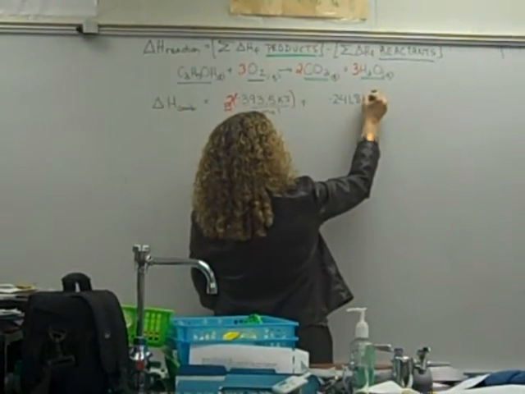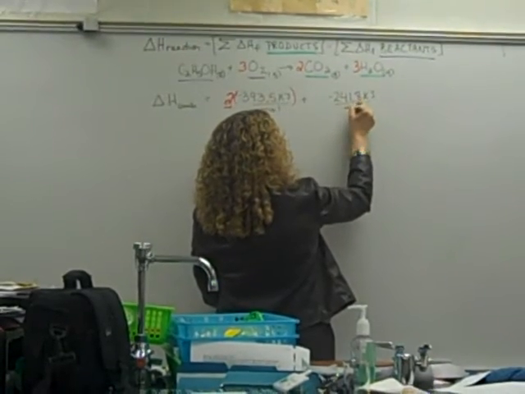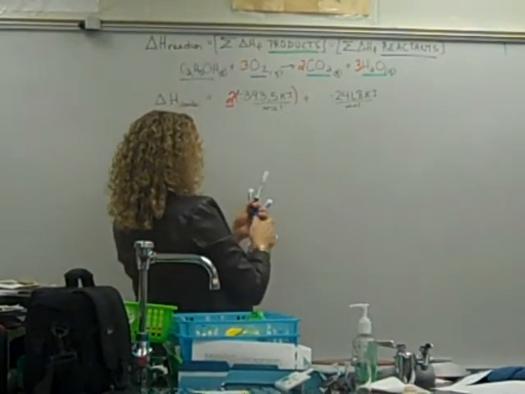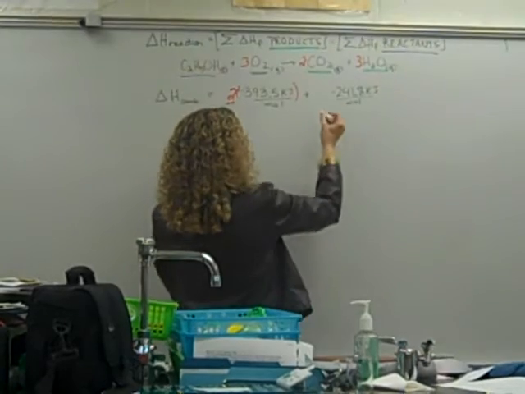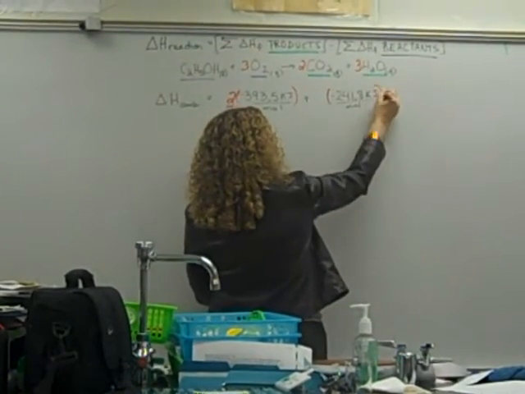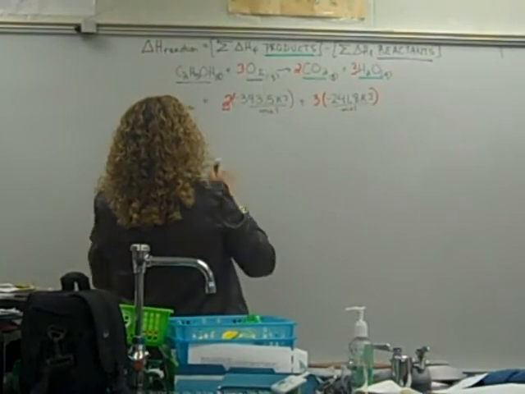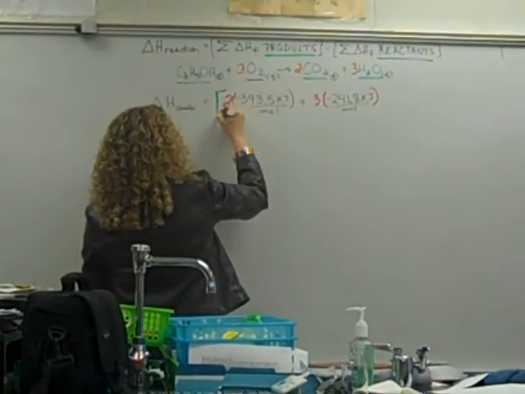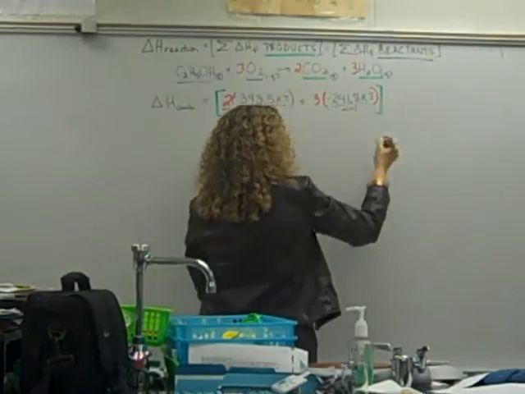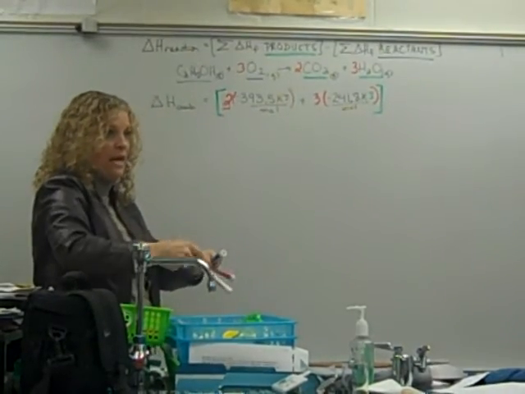And so this will be kilojoules per mole again. And how many moles of water did this reaction produce? There's our 3. And so for right now, these are our products. That is the sum of our products.